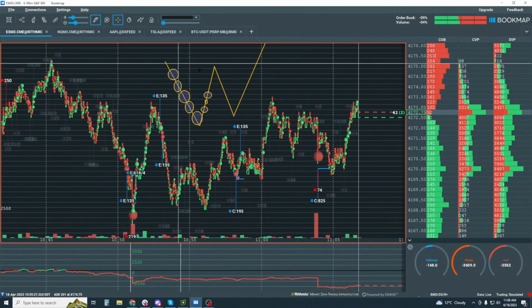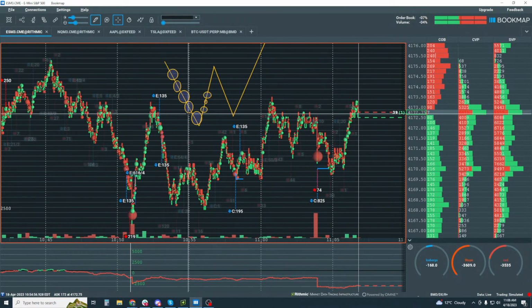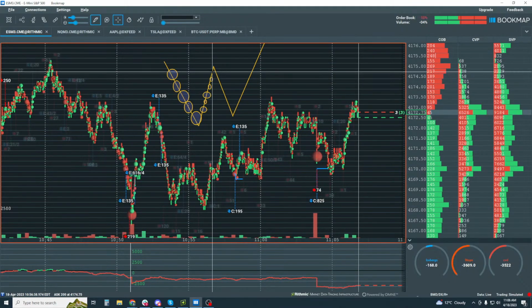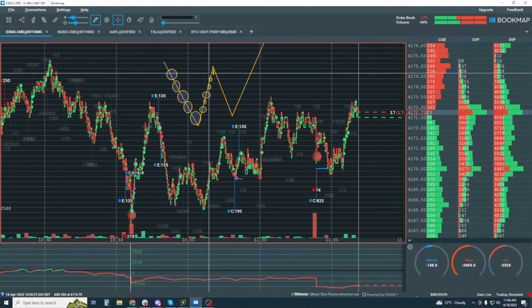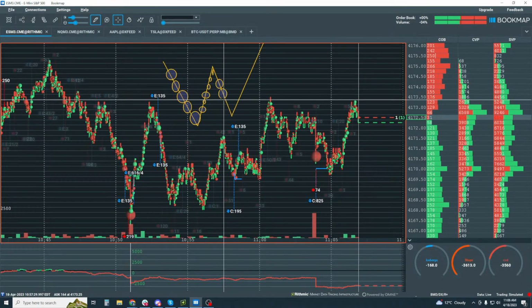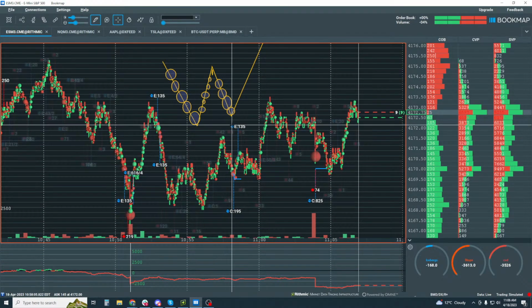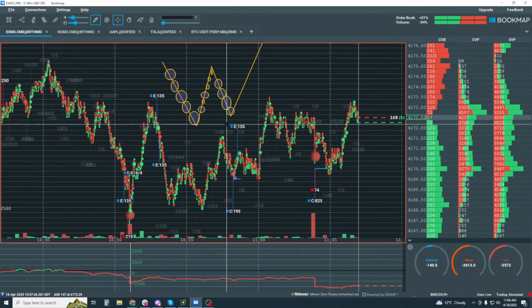Let's suppose instead you have the heavy selling here, very light buying, exhaustion, heavy selling, but it still makes a higher low in here.